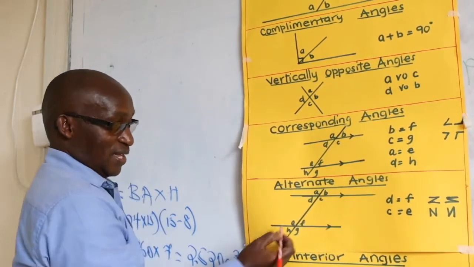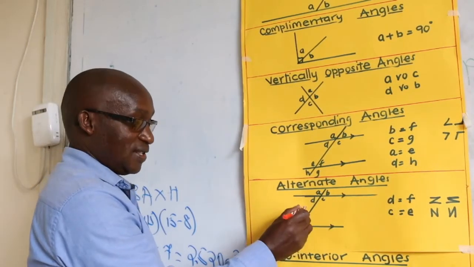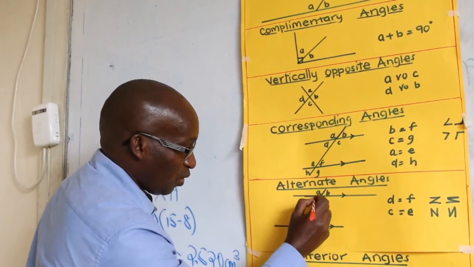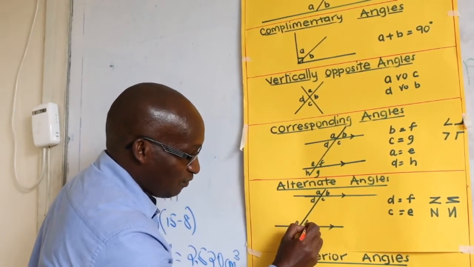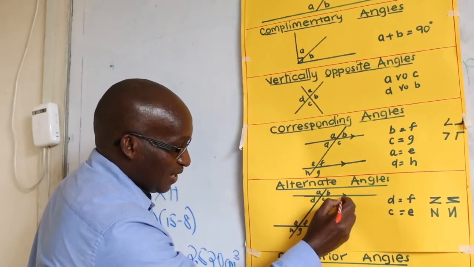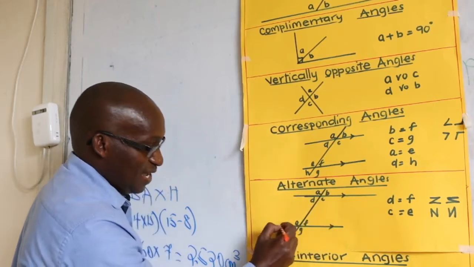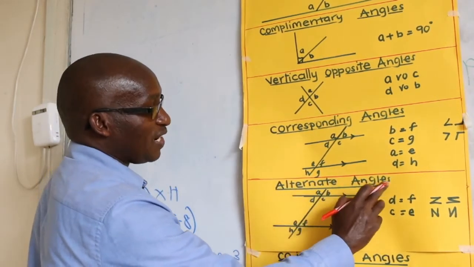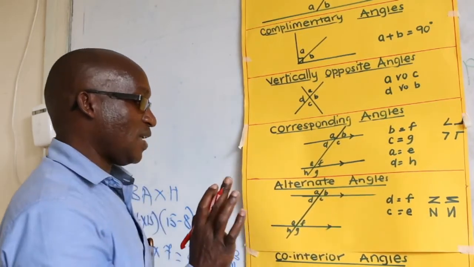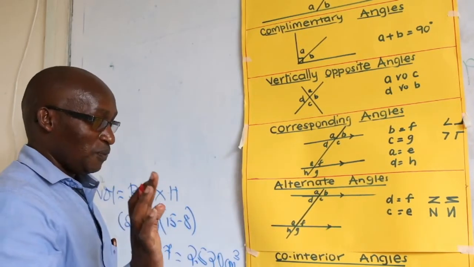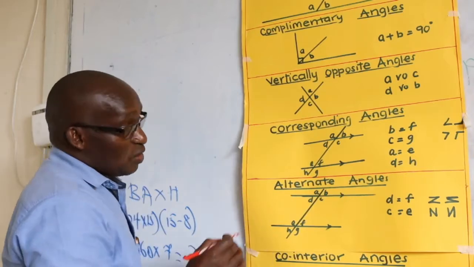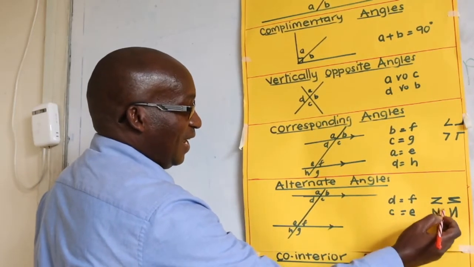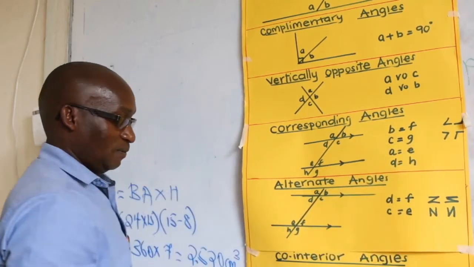Let's see the alternate angles in this particular case. We have talked about letter Z. So D alternates F. C alternates E. Those are what we refer to as alternate angles, and alternate angles are always equal. That is the reason why I'm talking about letter Z and inverted Z, letter N and inverted N.